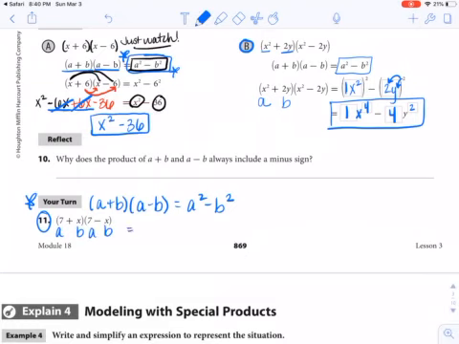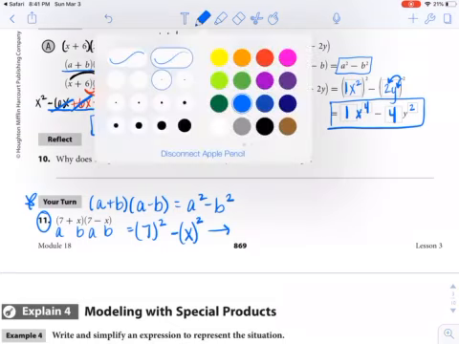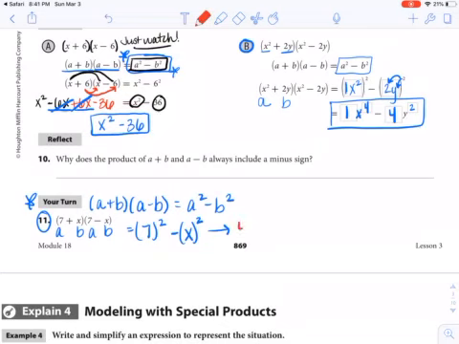Okay, so if that's the case, then I have 7 squared minus x squared. Okay, and so if I continue on and I simplify that, I'm going to have 49 minus x squared. And that's my final answer.